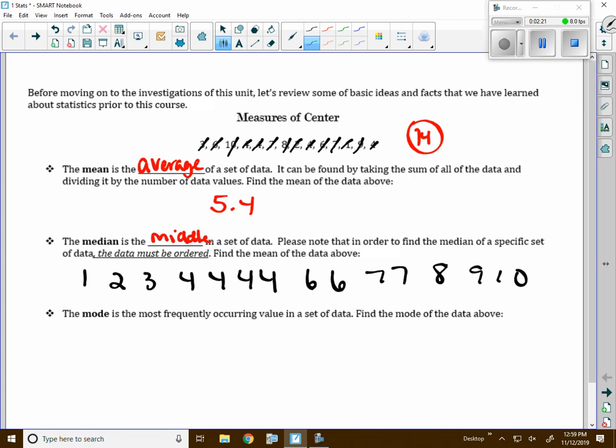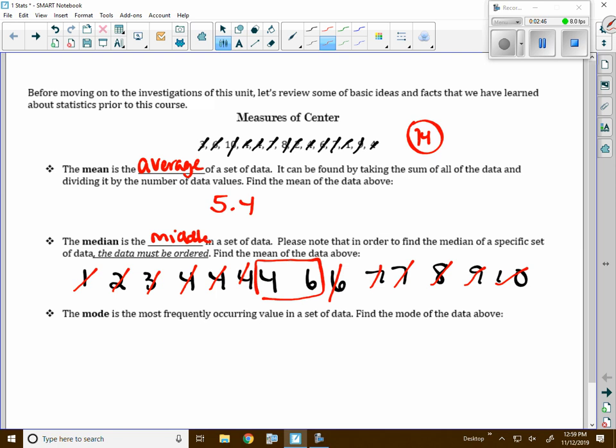Okay, and then to find the middle, we just cross them off, one at the beginning, one at the end, until we find the middle number. Okay, but in this case, we don't have one middle number because we have an even amount, right? We have 14 numbers. So when you have an even amount, there are two that are in the middle.